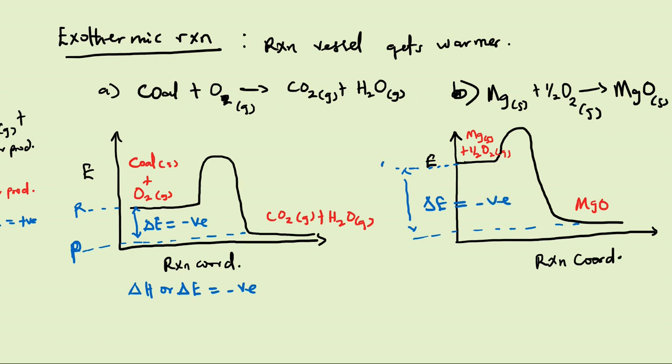So this is reactant and this is product. So delta H or delta E is equal to negative. So these two are examples of exothermic reaction.